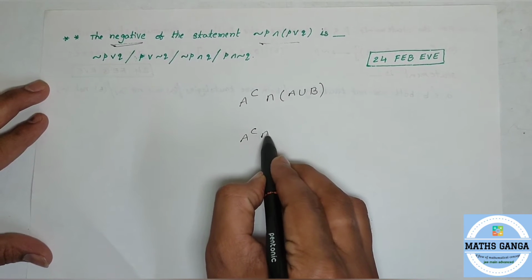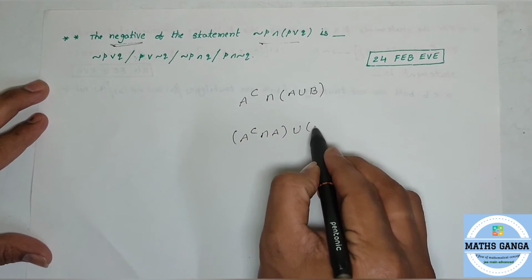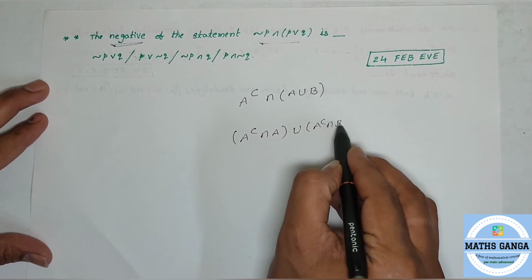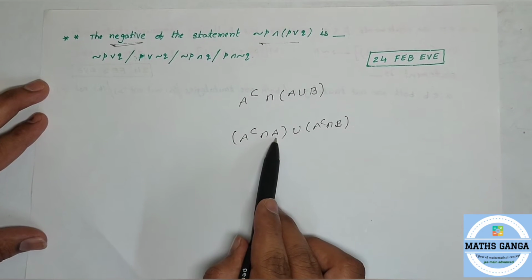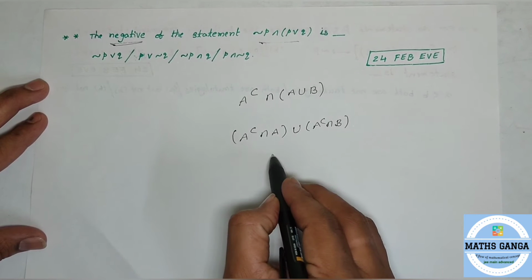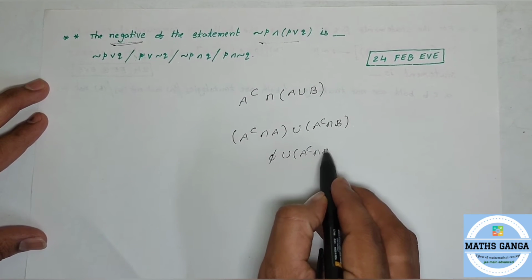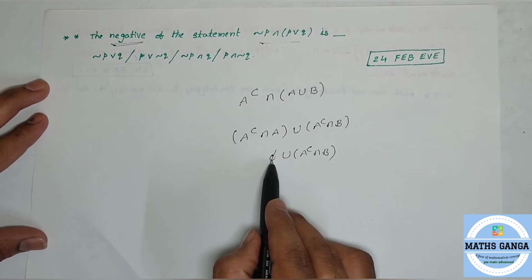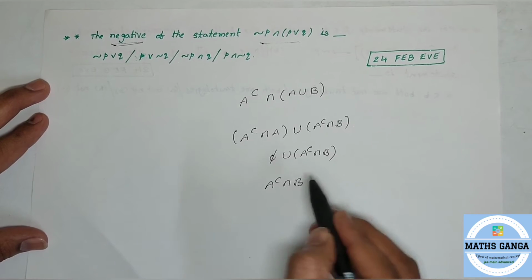This is A complement intersection A union A complement intersection B. And A complement intersection A, elements in A and elements not in A, the common thing is empty. So this is empty set union A complement intersection B. So the union of these two, since it is empty, again it is A complement intersection B.